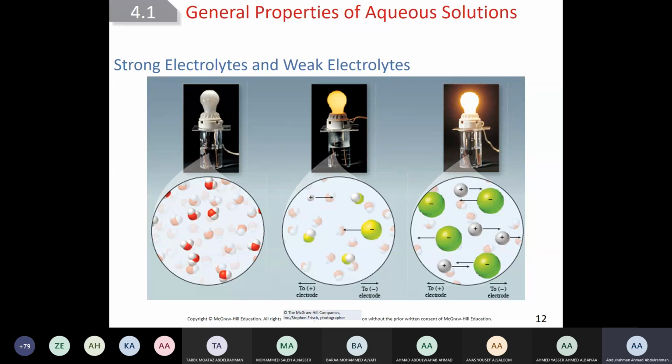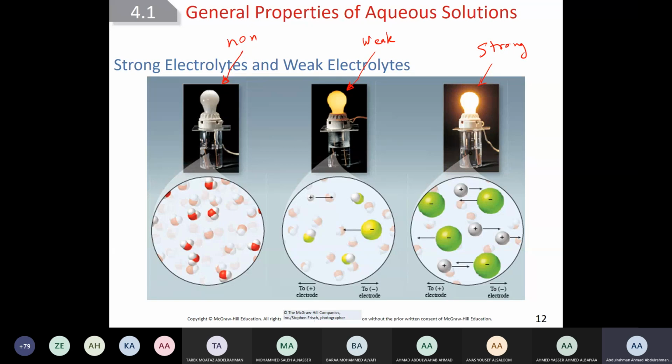See, I put 2 electrodes here in this lamp, and here the electricity went through and it's strong. Here it did not go through, but here it is weak. Can you see the light here is very strong and this one is weak and this one none, no electricity.